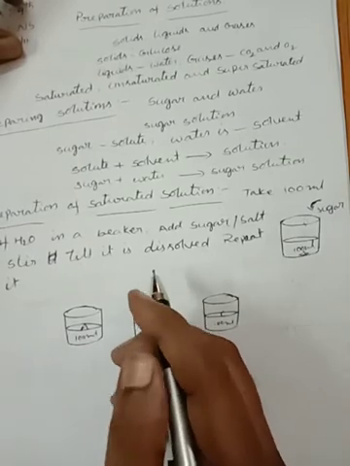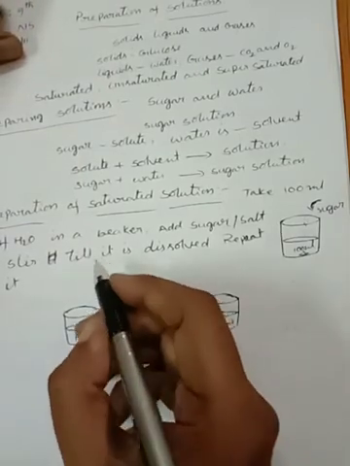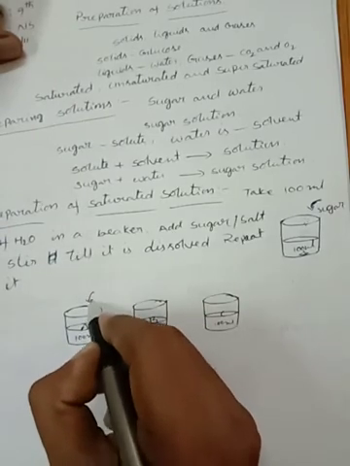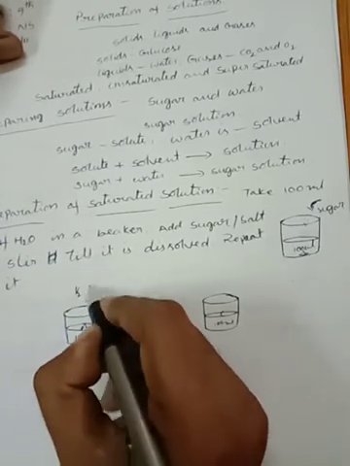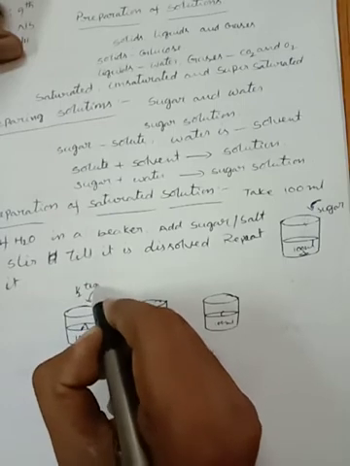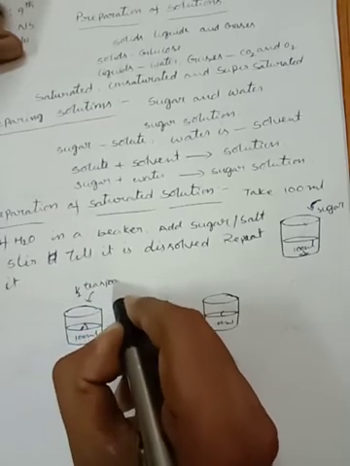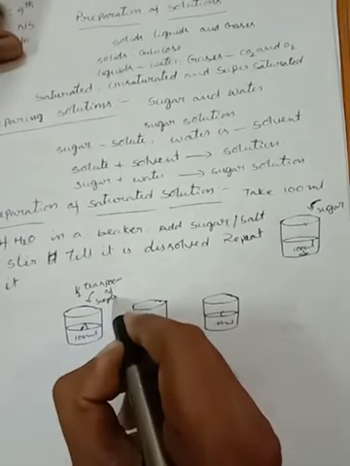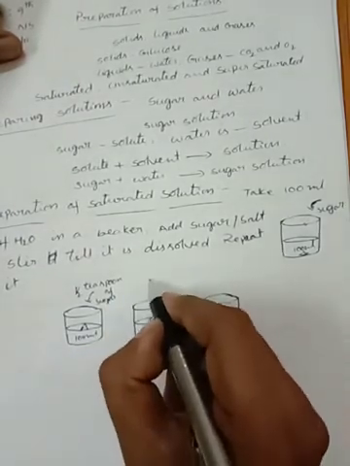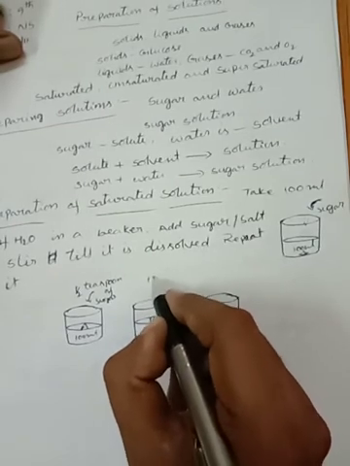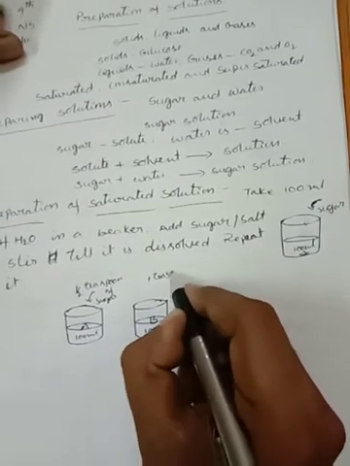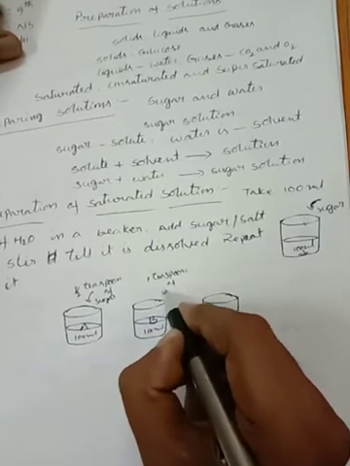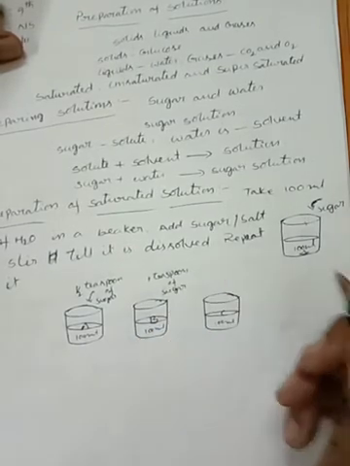Okay, add half teaspoon of sugar in the first beaker, beaker A. In beaker B, add 1 teaspoon of sugar.